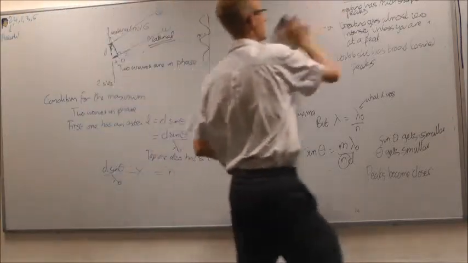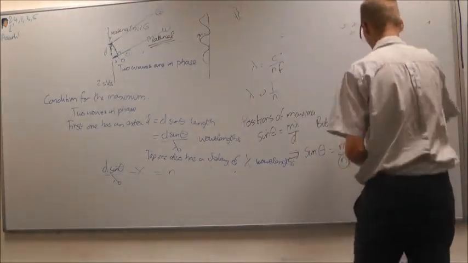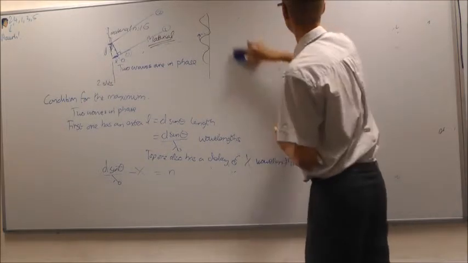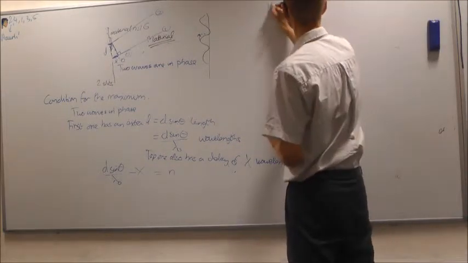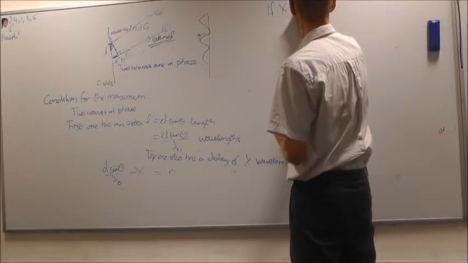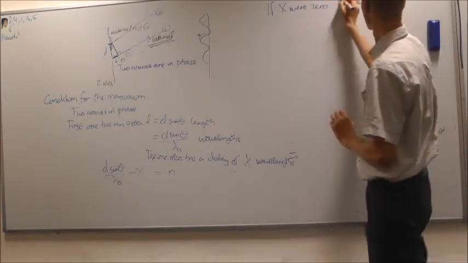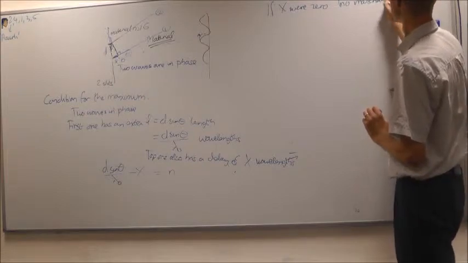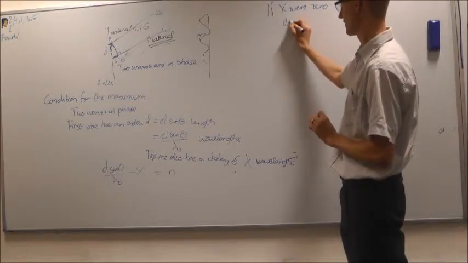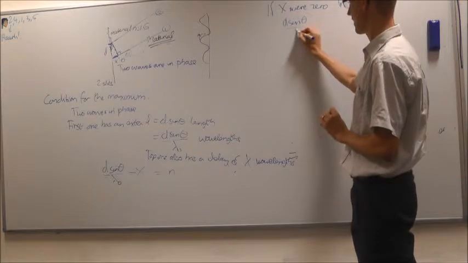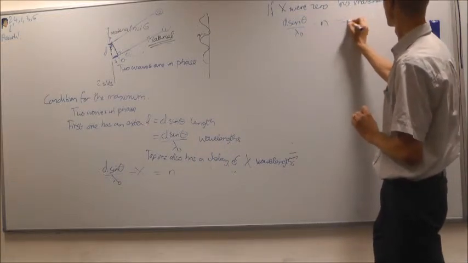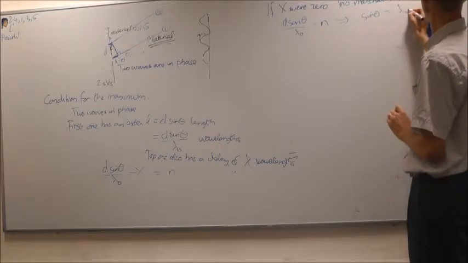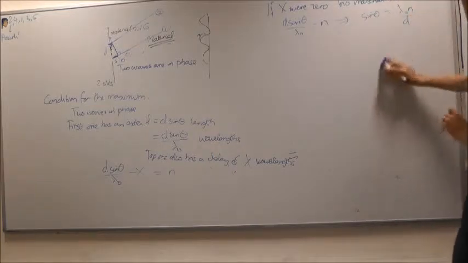Let's go on over here. If x was 0, no material, then we've got d sine theta over lambda naught equals n, which implies sine theta equals lambda naught n over d.